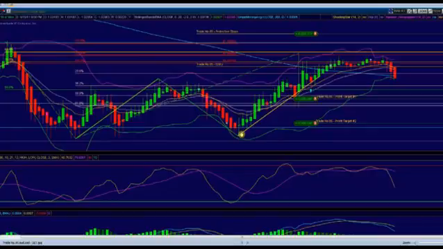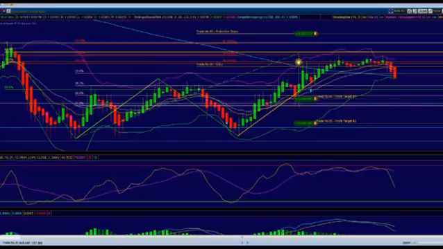The inverse extension was also a 127.2% extension onto that 786 retracement. So in this case, once price exhibited this bearish double top in price, showing this, where I took the trade was here.